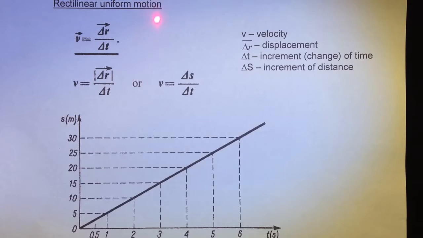At first, rectilinear uniform motion. In general, if we are speaking about a certain physical phenomenon or a physical field or field in physics, we need to have certain tools in order to describe that phenomenon or that field we are speaking about. Such tools are so-called physical quantities.